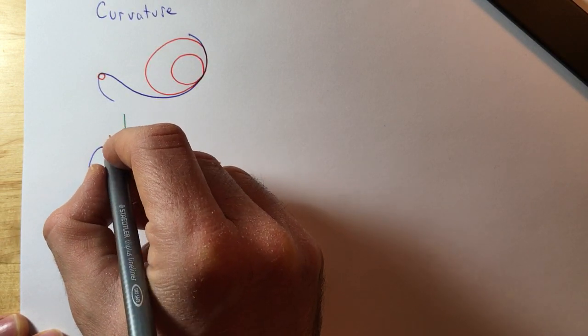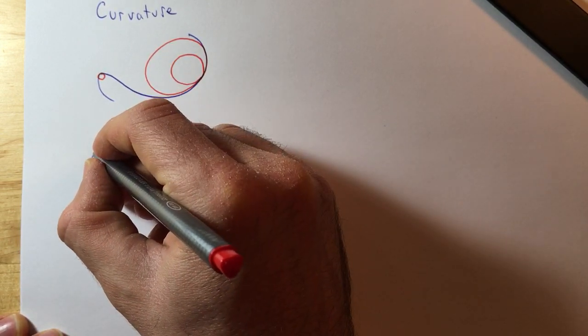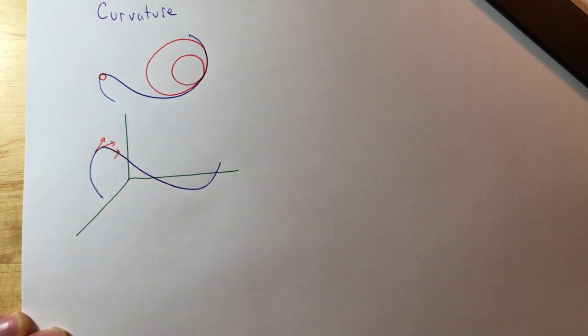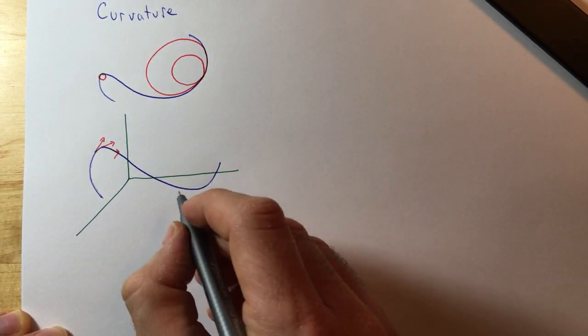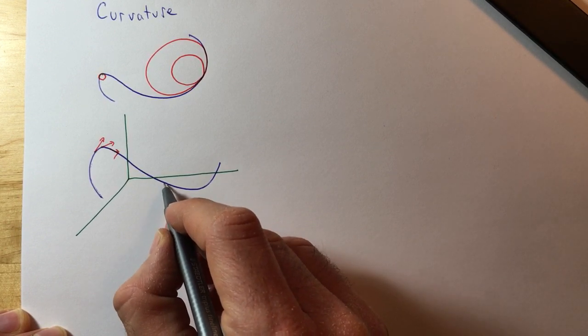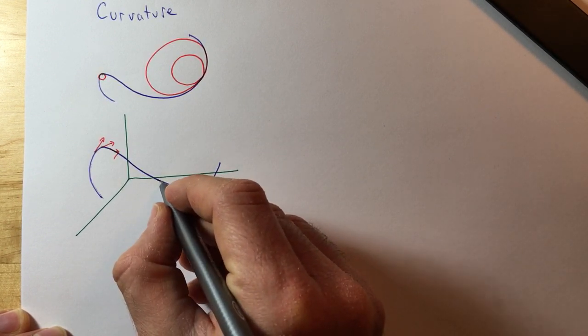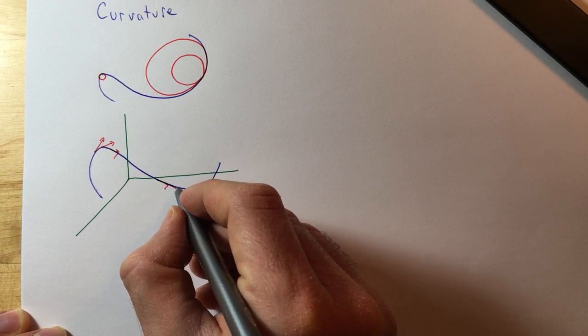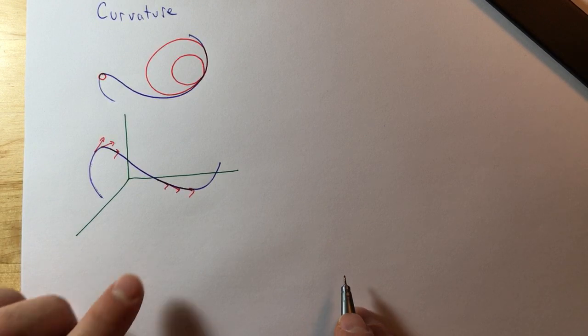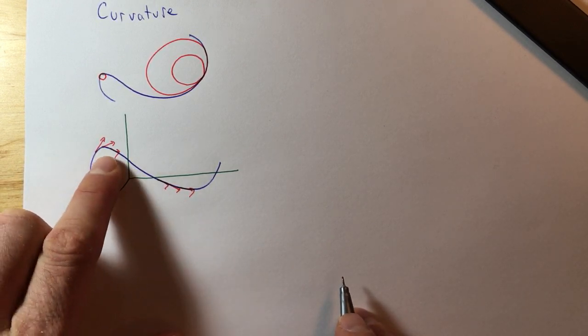Looking at the curve right here, the unit tangent vector doesn't change as abruptly at this point.